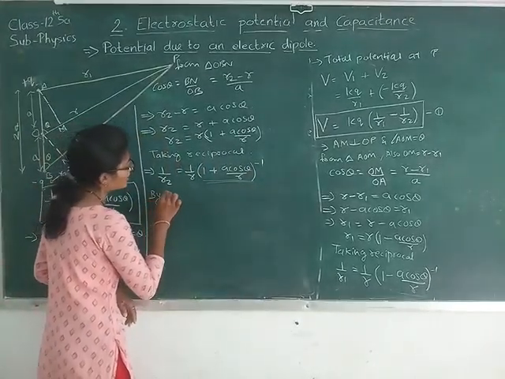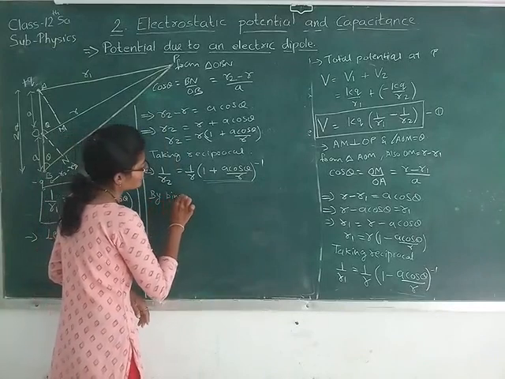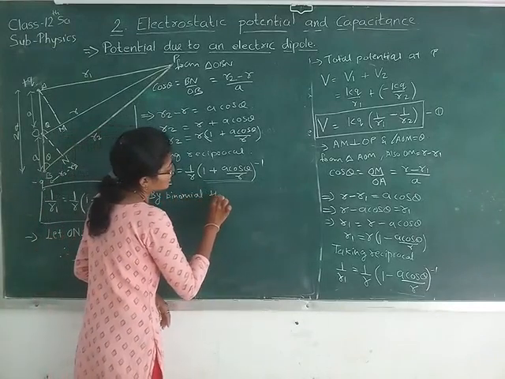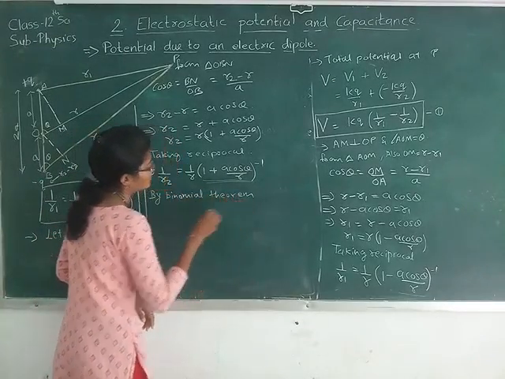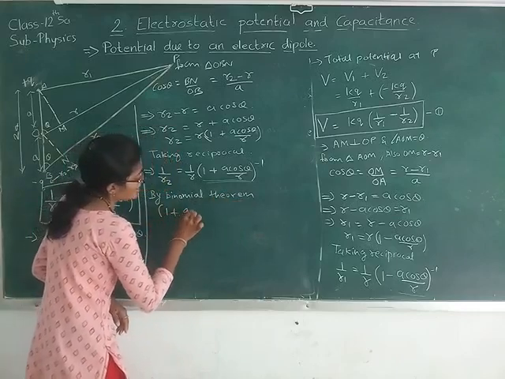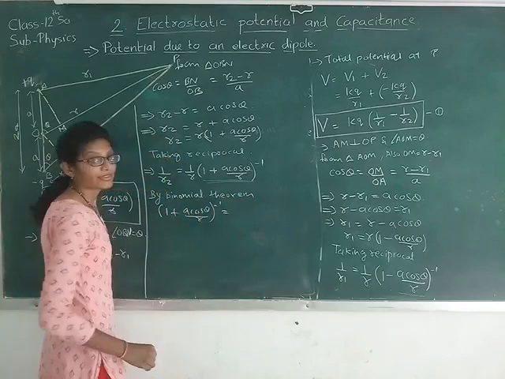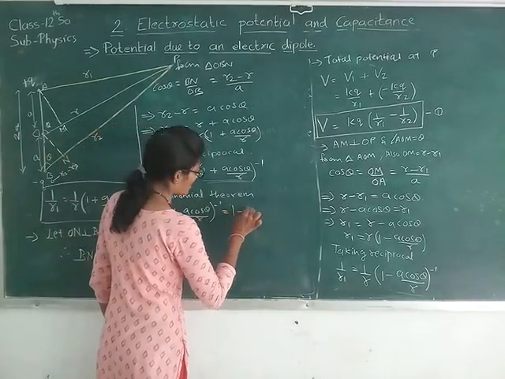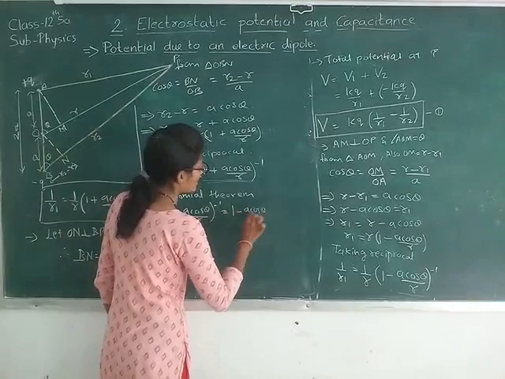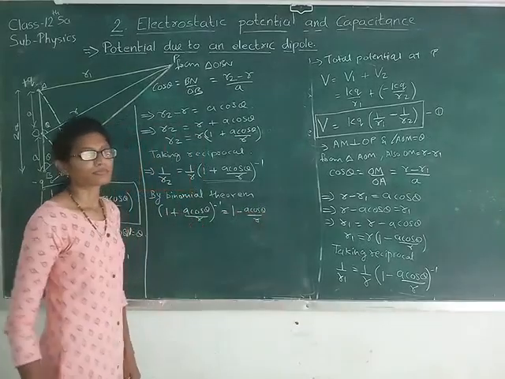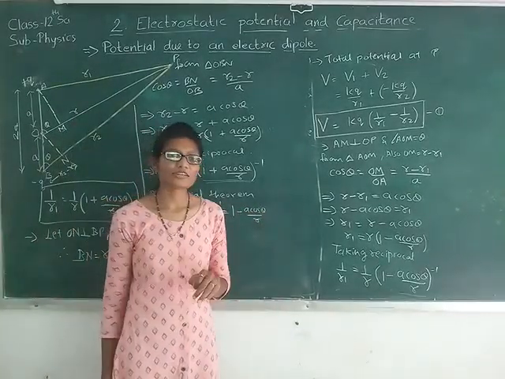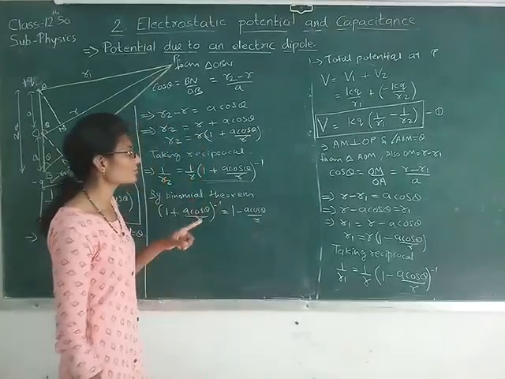By binomial theorem, by R raised to minus 1, that will be 1 minus A cos theta by R. See, if you want to remember it in a very simple way, what you need to do?